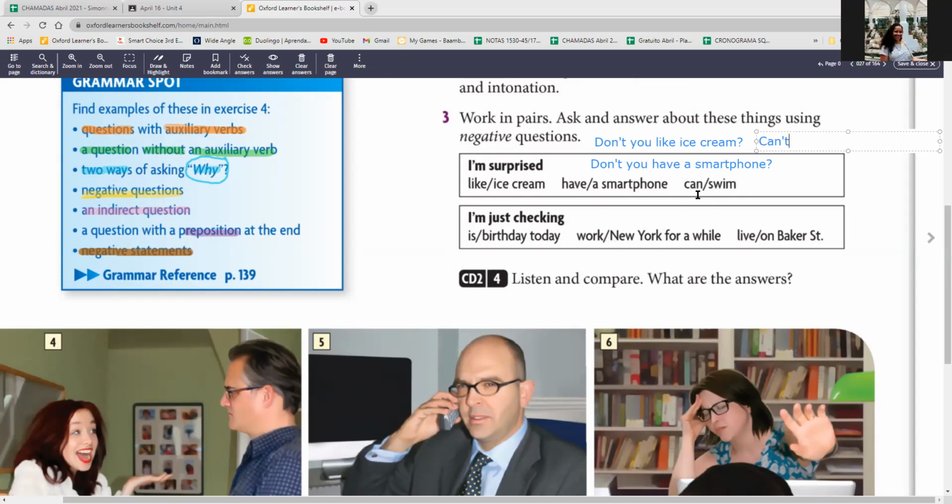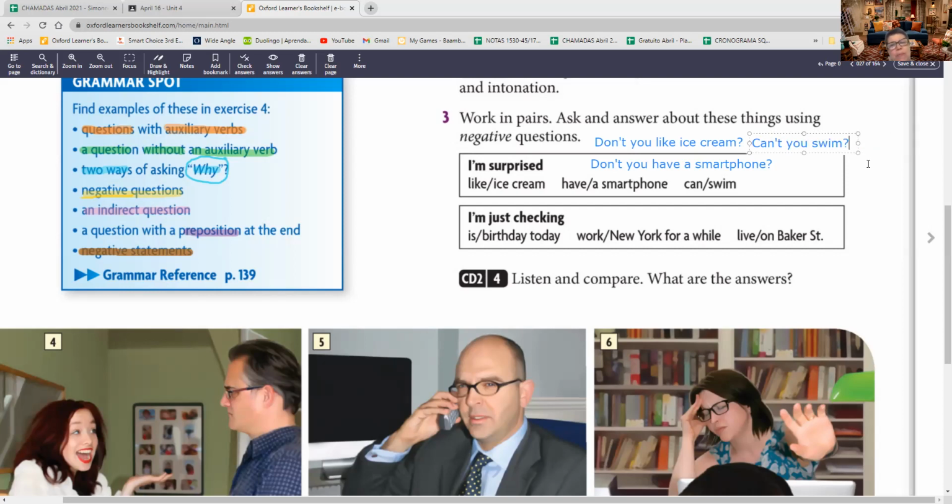So in this case, the auxiliary is can. The verb is swim. So I have to use can you swim? So it's a question. Yes, that would be the right sequence.